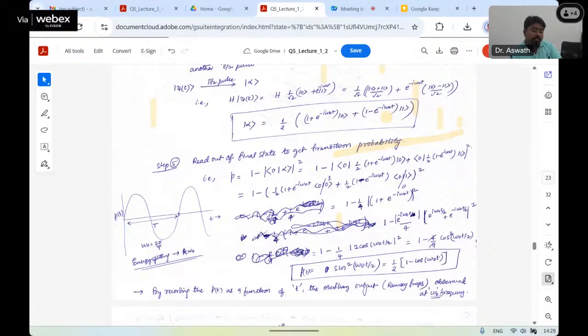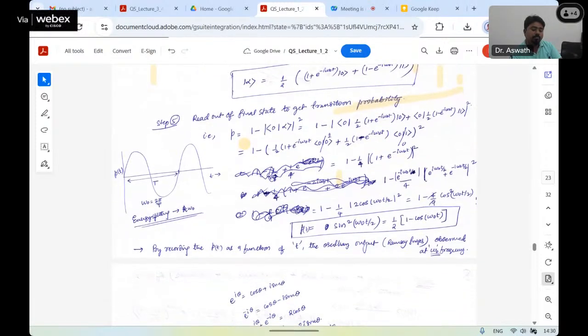Now, let's say I just find the chance of getting 0, this one, and I just subtract from 1, I would get the probability of 1. So if you just carefully substitute 1 minus the inner product of 0 and alpha, whole square, that is the probability of getting 1, right? If you just carefully follow through, it is already done. So just excuse me for a small calculation error. So I just write that off.